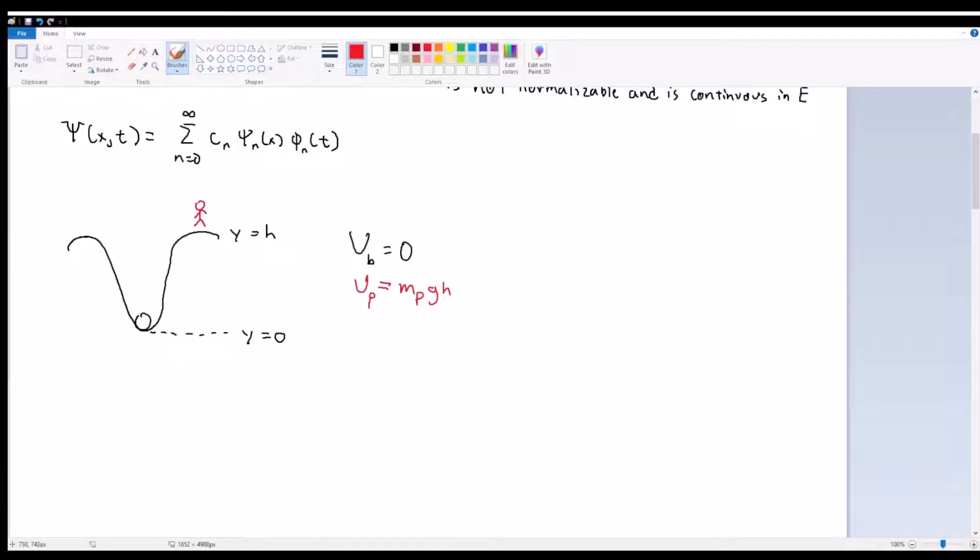So this ball is stuck inside this well, and if I want it to not be stuck, I have to give it some kinetic energy greater than the potential energy it would have at the peak of the hill. Actually, because the masses of the person and the ball are different, let's instead just use a second ball. I don't know why I tried with a person.